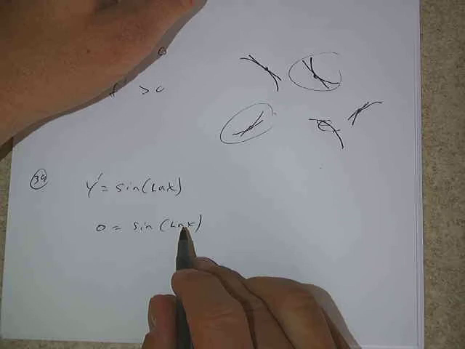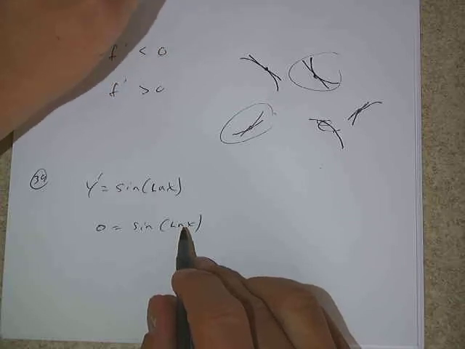Ultimately, how many zeros are there going to be in here? There's essentially going to be an infinite amount of zeros, aren't there?